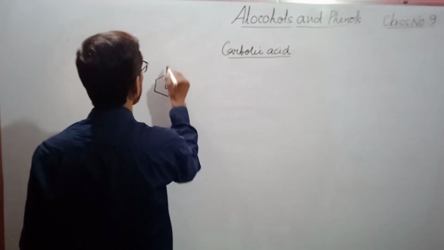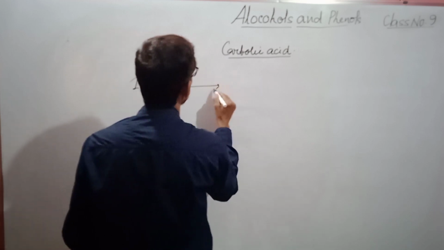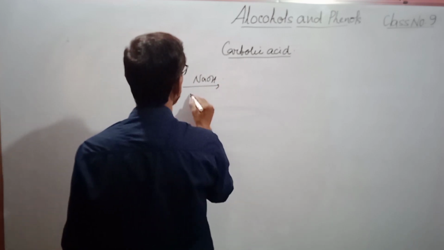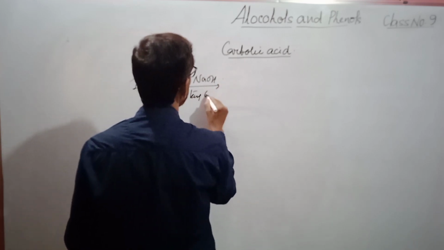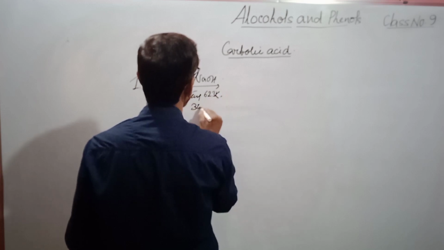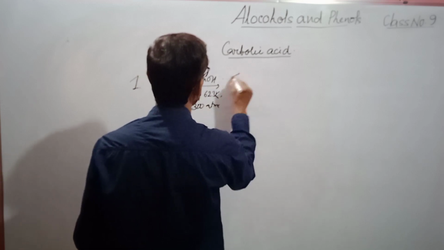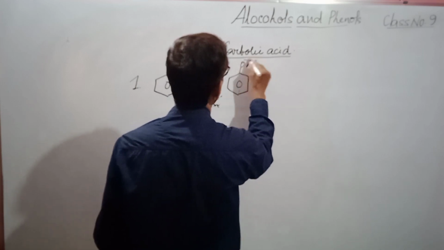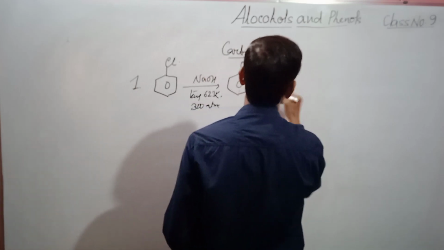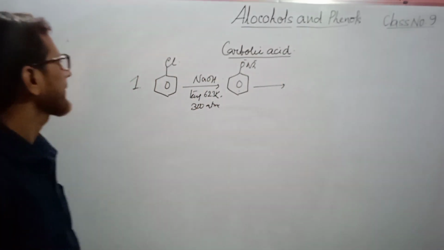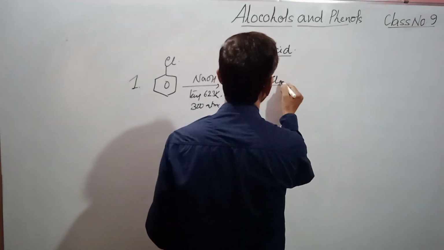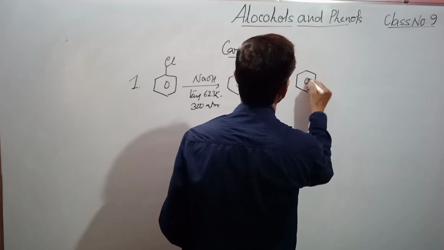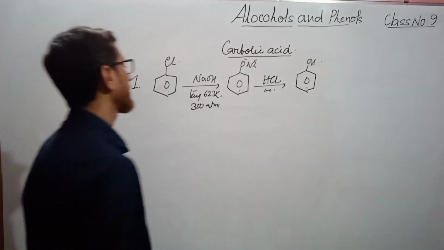We will first prepare it from chlorobenzene, temperature is 623 Kelvin and pressure is high. Sodium phenoxide ion, then HCl, and we got that phenol.